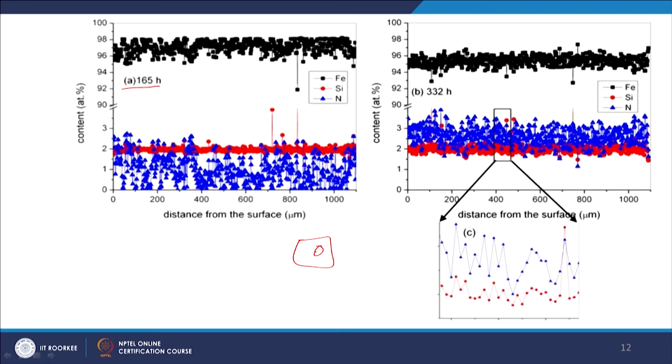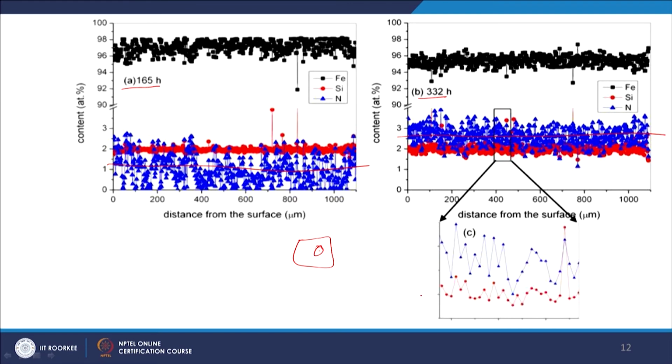When your electron probe hits a nitride particle, there can be an increased peak in the nitrogen content, and you see that even after more time, the average level has gone up, but homogeneously.